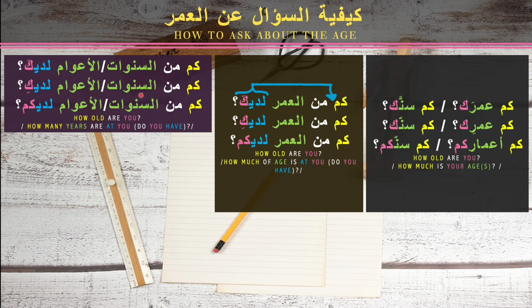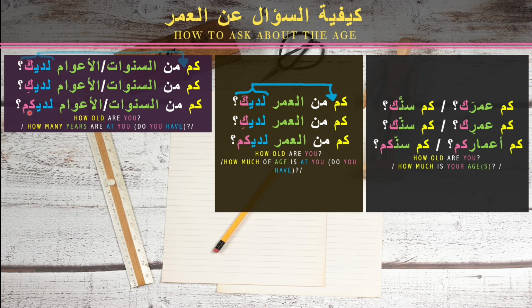Without saying of years, you just say how many years. And the last example, using this way, كم من السنوات لديكم, كم من الأعوام لديكم, or كم سنة لديكم, كم عام لديكم.